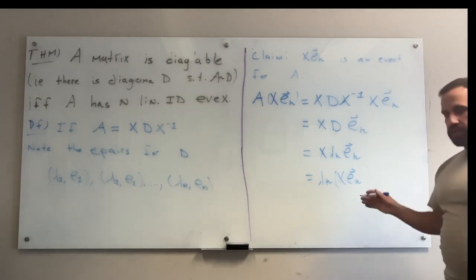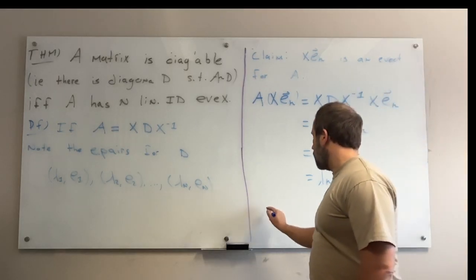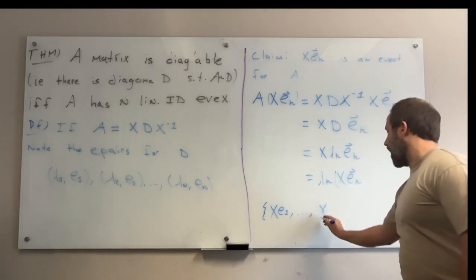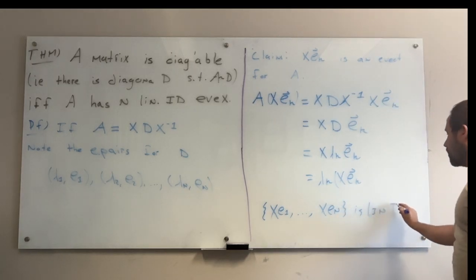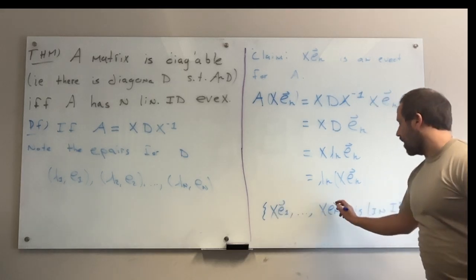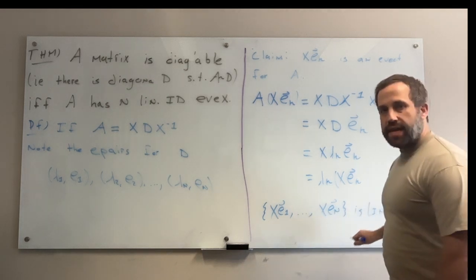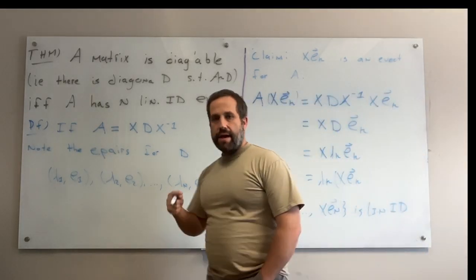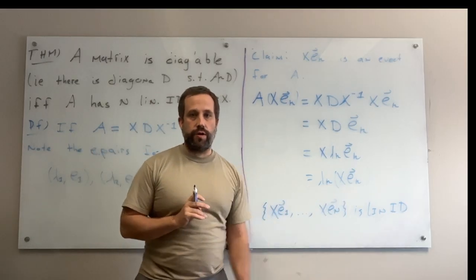Okay, now the other thing, I'm not going to prove this. This is something that you should prove on your own, please. That the set x e_1 up to x e_n is a linearly independent set. Anytime you have a linearly independent set of vectors, here e_1 through e_n are the standard basis vectors, and you multiply them by an invertible matrix, then that new set of vectors is also going to be linearly independent.